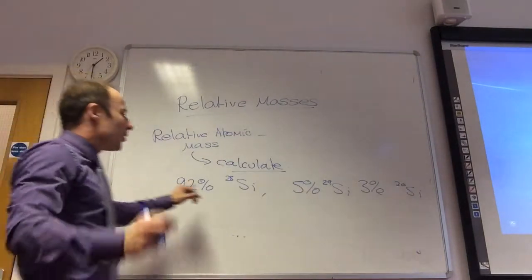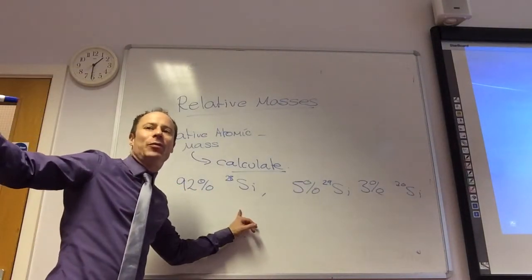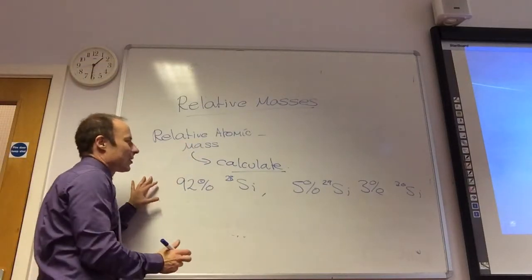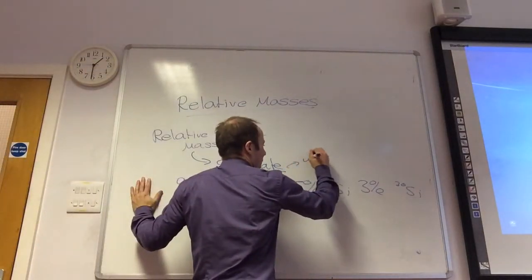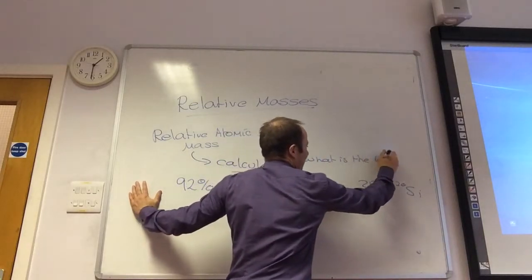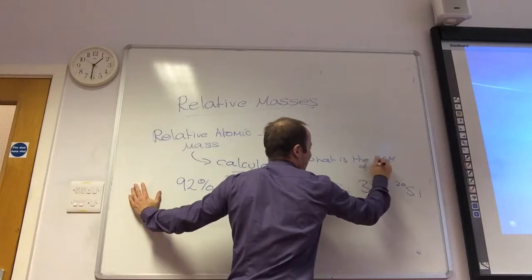This is how you get those figures we have on the periodic table, the relative atomic mass. What is the relative atomic mass of silicon?